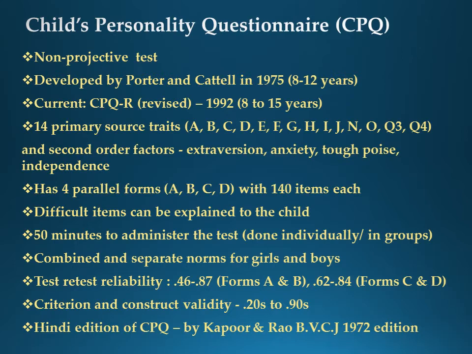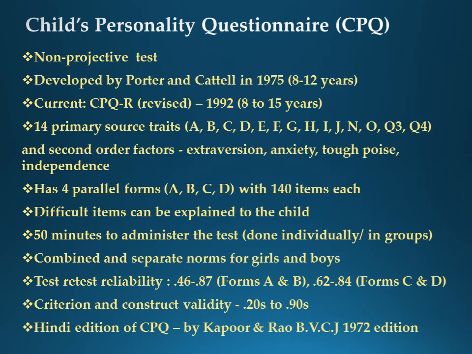Factor H, we are looking at shy on the lower side and socially bold on the higher side. Factor I, we're looking at a tough-minded person on the lower side, whereas a tender-minded on the higher side. Factor J, we're looking at a zestful person who's vigorous on the higher side, and a person who's reflective, more introverted, and individual on the higher side.